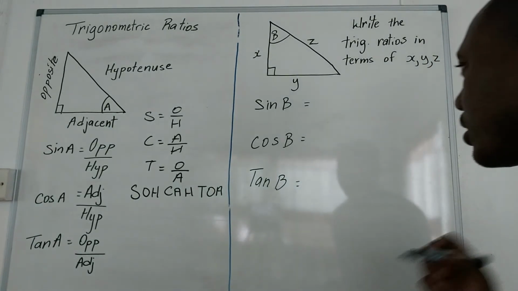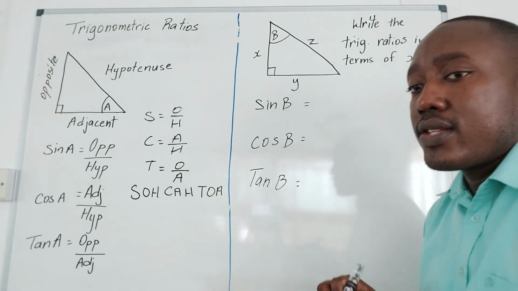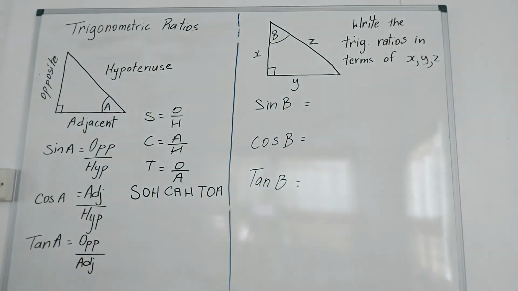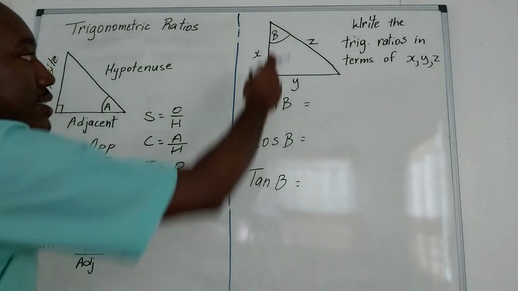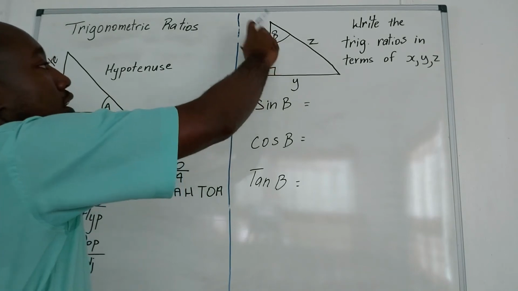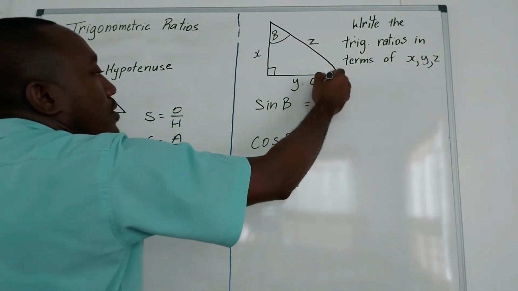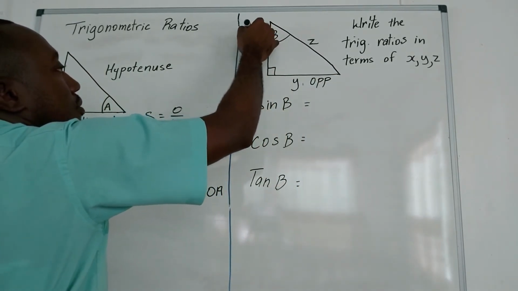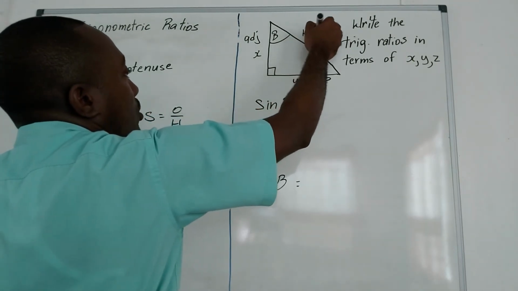The first thing we need to do is identify the opposite and the adjacent. If this is the angle we're talking about, the opposite of that angle will be here. This will be the opposite. X here will be the adjacent, and this side will be our hypotenuse.